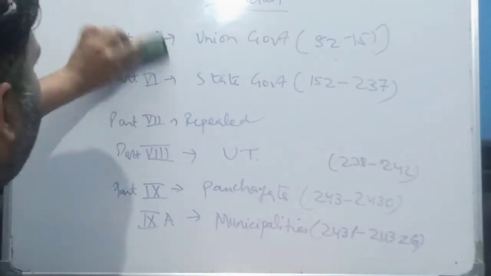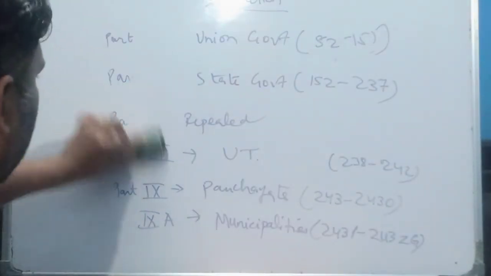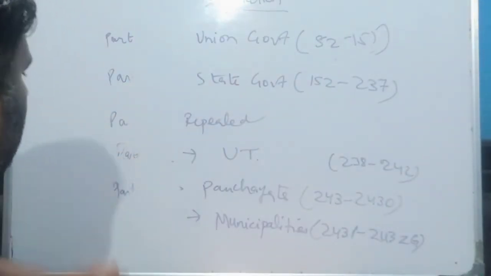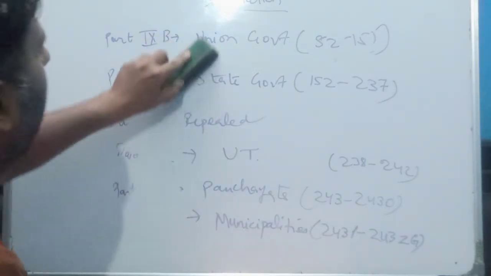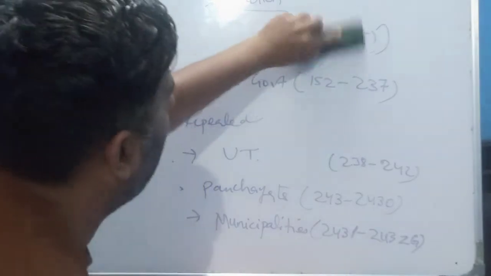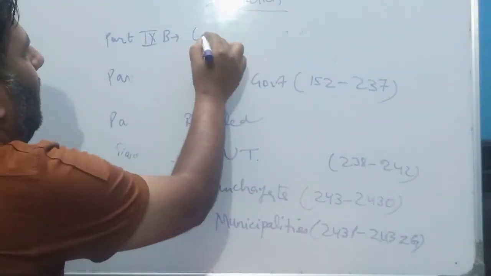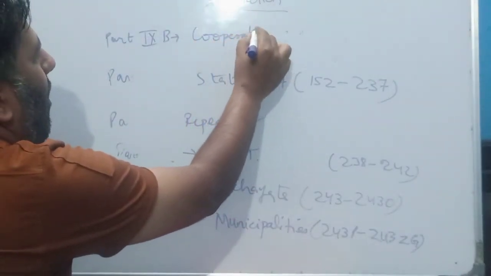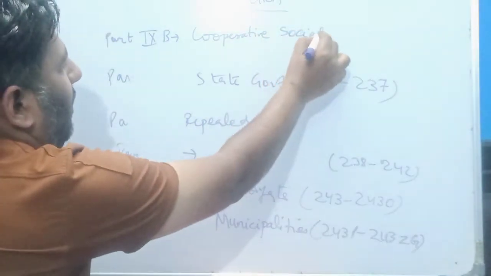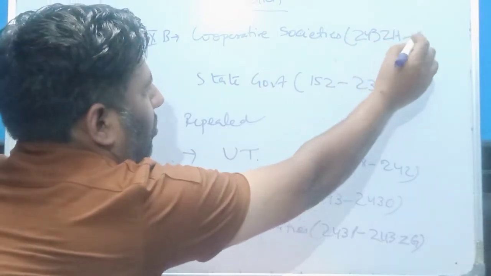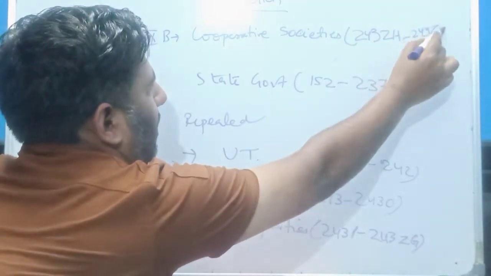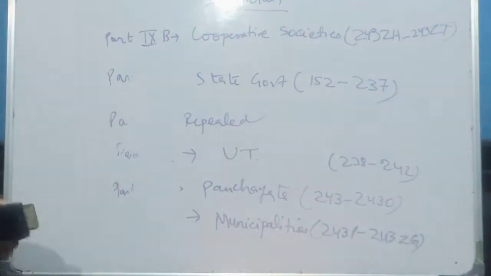Then we have part 9th B, which is cooperative societies, 243ZH to 243ZT.